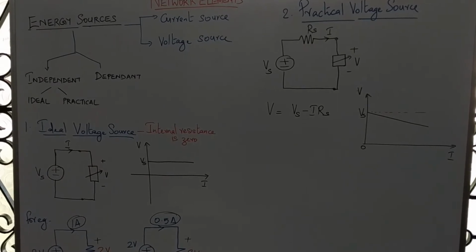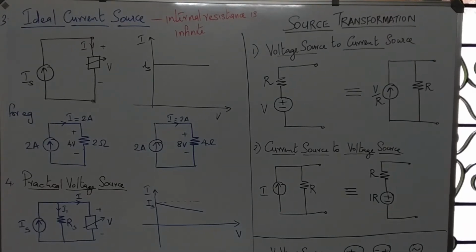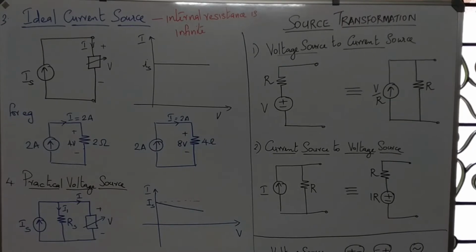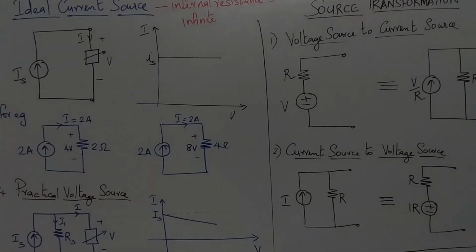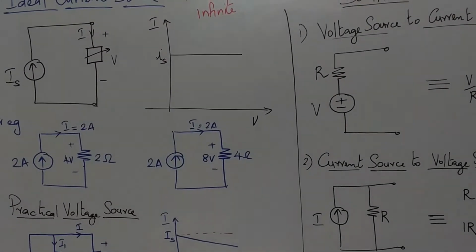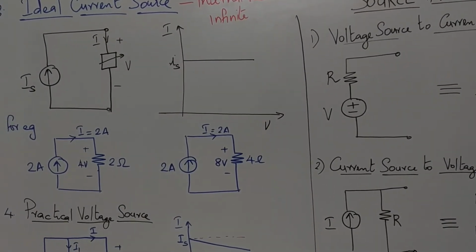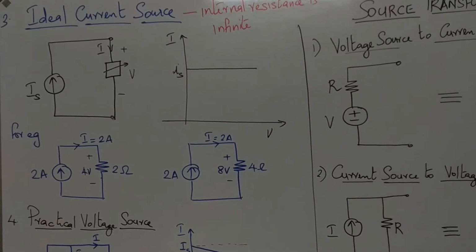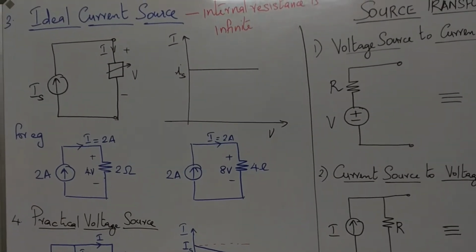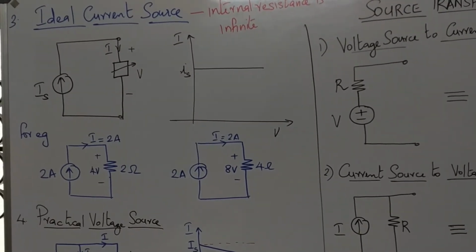Next we will see the ideal current source. Now here we have a current source in parallel with a load resistance. Suppose Is is the value of the current source and I is the current flowing through the load, resulting in a voltage V across it.